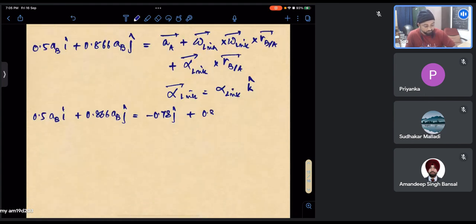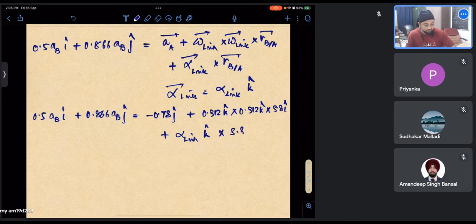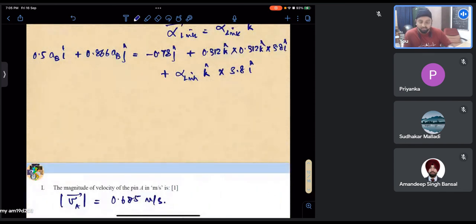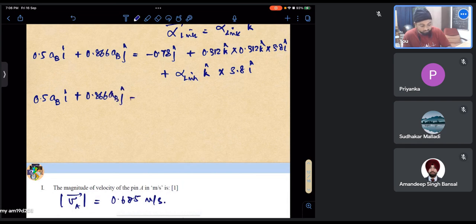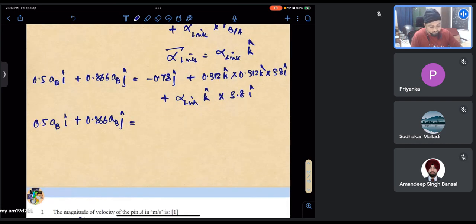It is 0.312 K cap cross 0.312 K cap cross 3.8 I, RB with respect to A is 3.8 I, plus alpha link K cap crossed with 3.8 I. So now it is just a matter of calculating these quantities. 0.866 AB J is equal to what are the things that will give J? K cross I is J. So these two essentially will give me J components. So why don't I write them together?